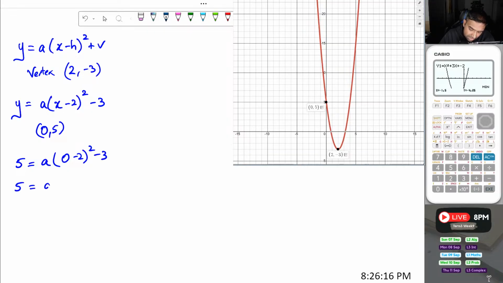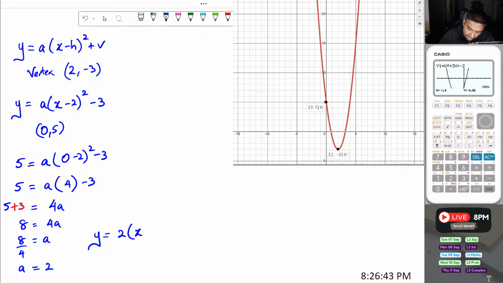I'm going to get 5 = a times (-2)^2, which is 4a, minus 3. Then I've got 5 + 3 = 4a. So 8 = 4a, and then a = 8 divided by 4. So a is equal to 2. So the equation is going to be y = 2(x - 2)^2 - 3.